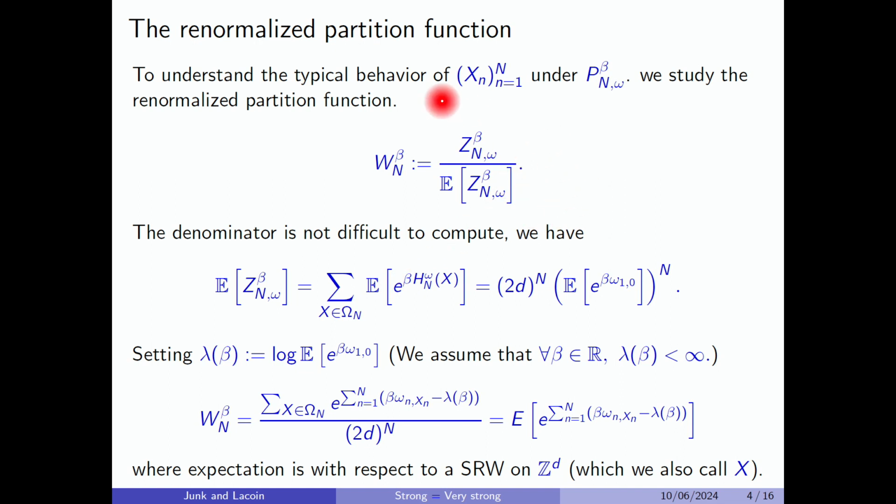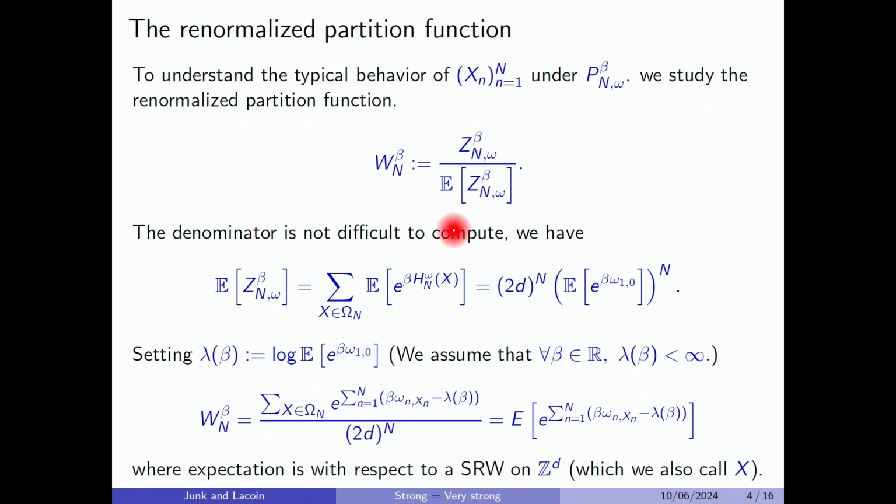Some information on the system is encoded in the renormalizing factor that we had on the previous slide. More precisely, we are going to be studying the renormalized partition function. Instead of taking Z, we are going to take Z divided by its expectation, where the expectation is taken with respect to omega.